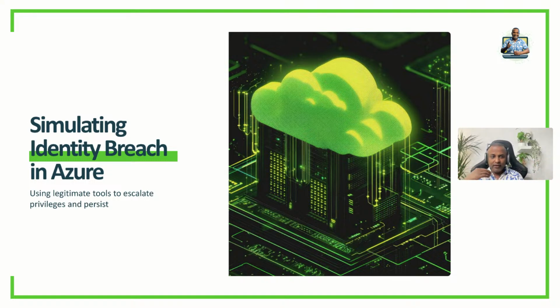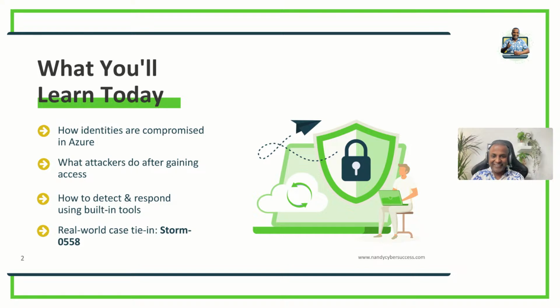I will also share some of the real-world attacks that already happened in the past and what we can learn from them. So we'll cover a bunch of different scenarios, and hopefully it will be informative. So let's get into it.